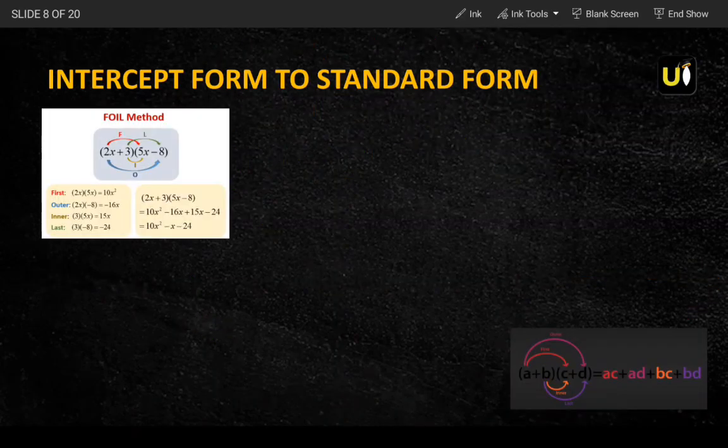Okay. So now let's discuss how to convert the intercept form of a quadratic function to standard form. We were given a quadratic function in its intercept form, 2x plus 3 into 5x minus 8. What is the standard form of a quadratic function?